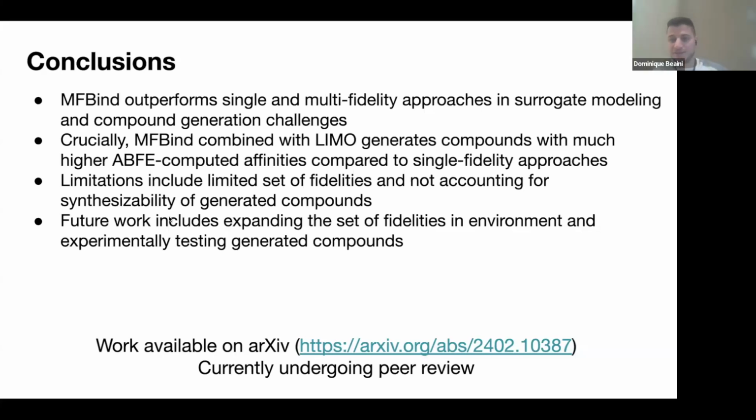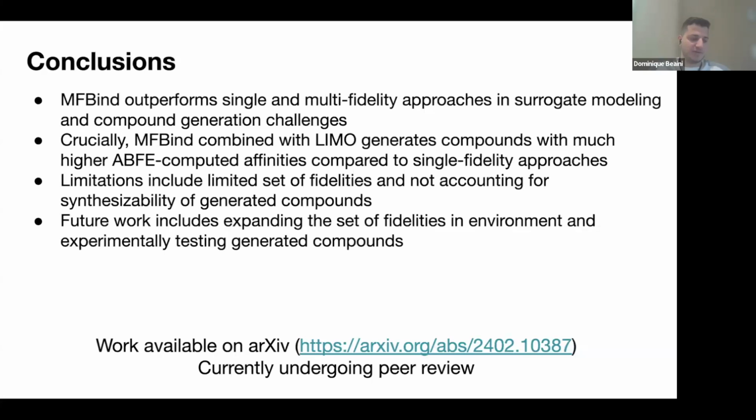Thanks a lot for the presentation. It was super interesting. You mentioned the multi-fidelity where you mostly use docking and binding free energy to train the model. One of the things that's interesting with multi-fidelity is to evaluate how much data of each fidelity is needed to achieve the final performance.